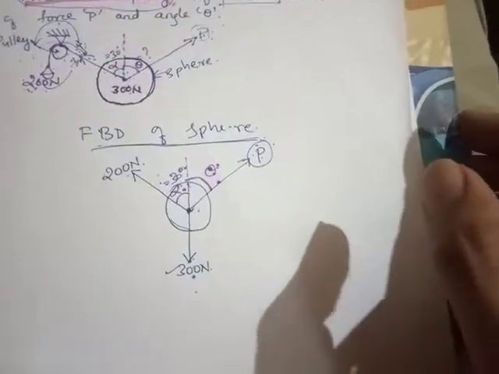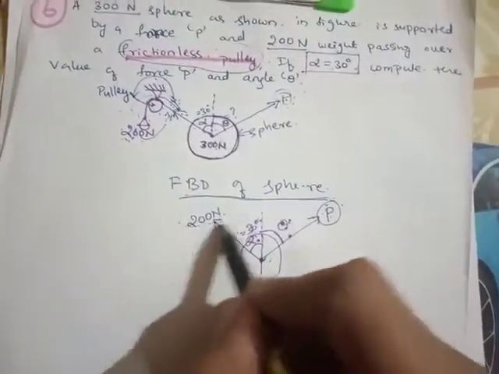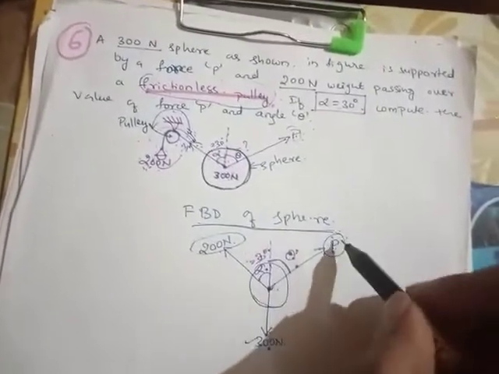Since it is a frictionless pulley, as given in the question, there is no loss of force from 200 Newton here to here. So here 200 acting means here also 200 force is acting. So if you look at the figure, one is the 300 Newton weight of the cylinder acting in a downward direction, another is the tension pull from the pulley, that is 200 Newton, and another tension pull P, which is unknown.